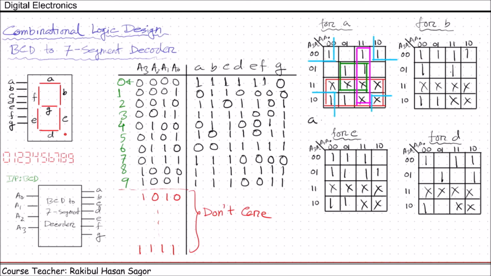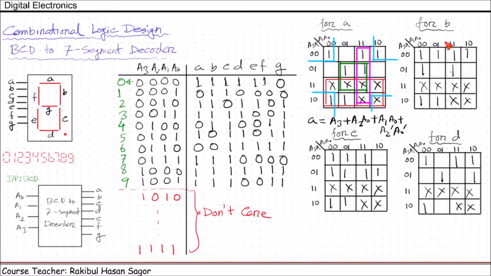Now the simplified version of A can be written as: the name of this red box is A3, plus the green box A2 A0, plus A0 A1, plus the corner boxes A2 prime A0 prime.